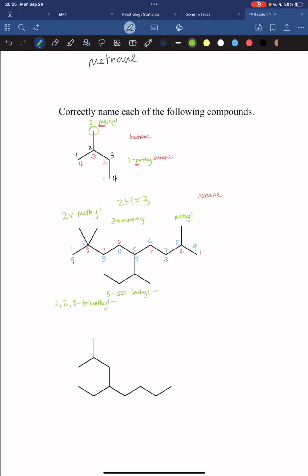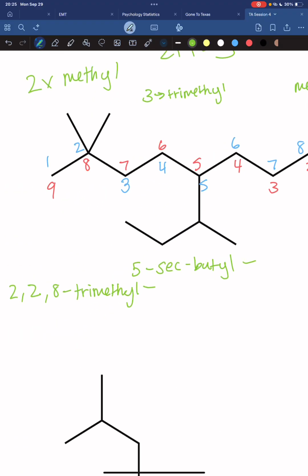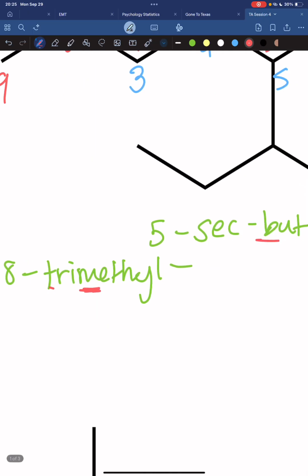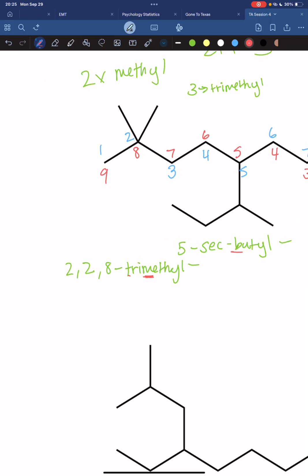Now, when we put it all together, we alphabetize. So remember, we don't go based off of the S in sec-butyl. We go off of the B. And in this case, in trimethyl, we don't go off of the T in trimethyl. We go off of the M, right? These are like modifiers. We're going to ignore the modifiers. So what comes first in this? B. Good job, guys.